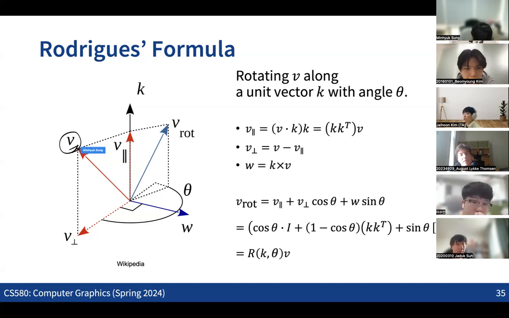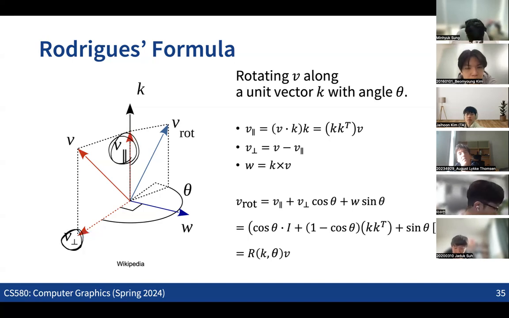One is parallel to the axis k, and the other is orthogonal to the axis k. Then what we can simply see is that the parallel part does not need to rotate because this vector is already parallel to the rotation axis. So we can keep this part.